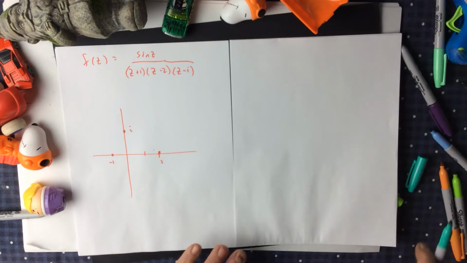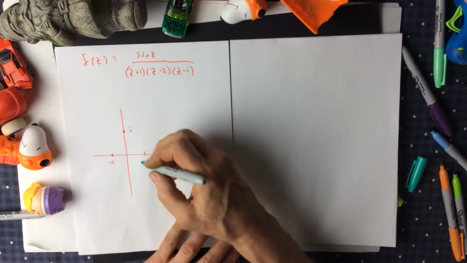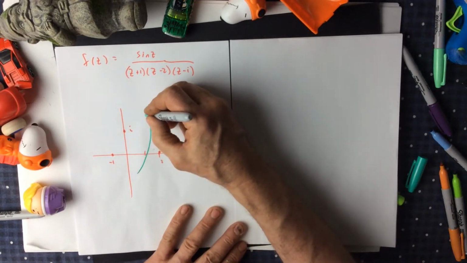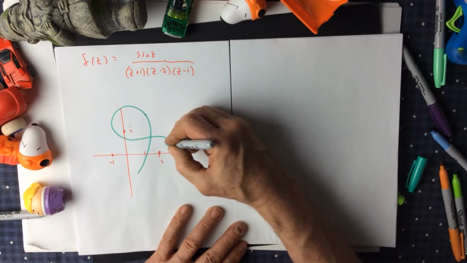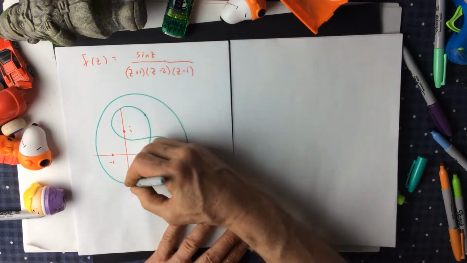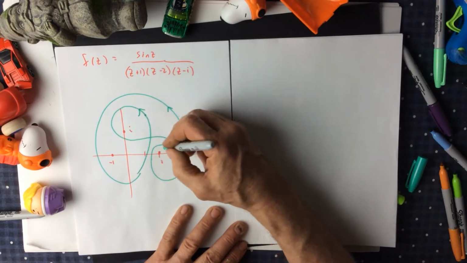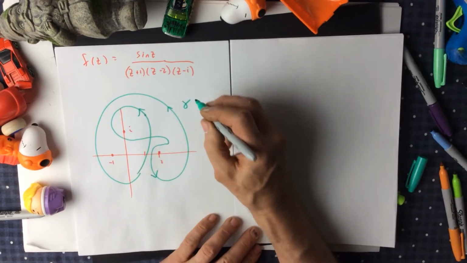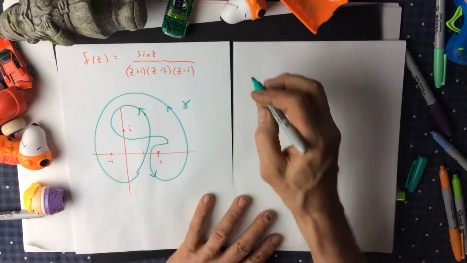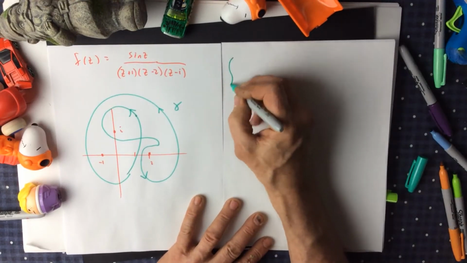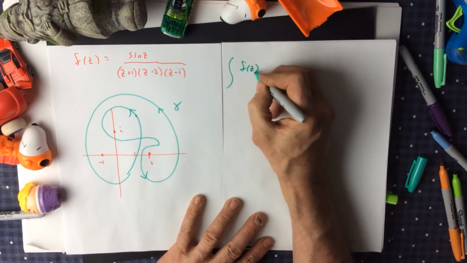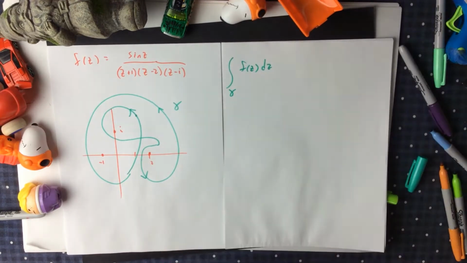Now, I'm going to give you a really funky gamma here. There's my gamma. And I'm going to ask for the integral of this f of z dz over gamma. Well, first off, I'm going to decompose gamma into two pieces.